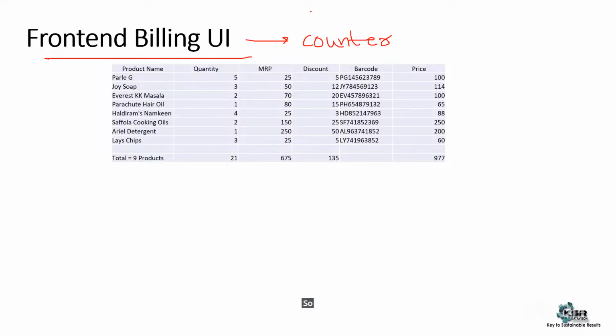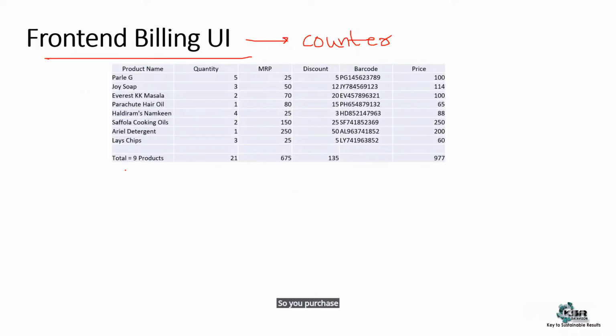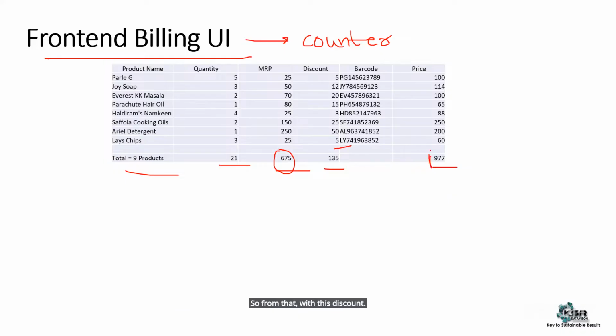So how is the information stored in the database? Whatever information is stored in the database can be printed on the bill: you purchased 9 products, how many quantities, what is the MRP, what discount you got from the superstore, and what's the total price. This is just an MRP, multiplied by the number of quantities, and with the discount, this is the total amount. All this information is stored in rows and columns.